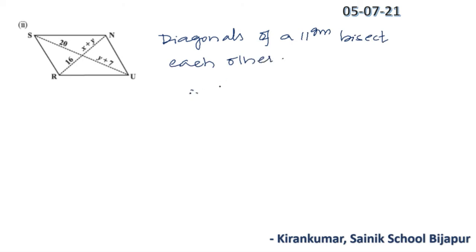Therefore, we have 20 is equal to x plus y and 16 is equal to... 20 is equal to y plus 7 and 16 is equal to x plus y.